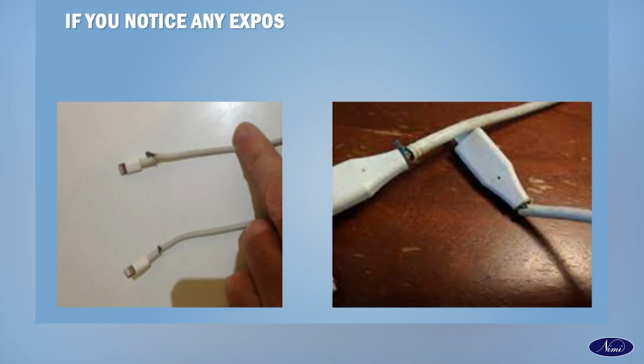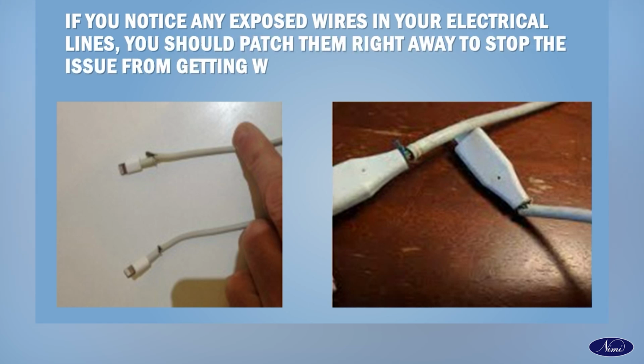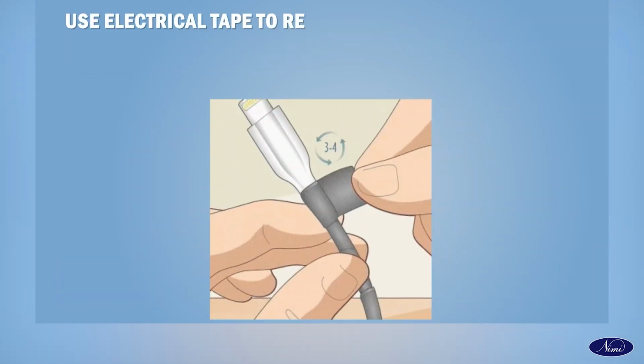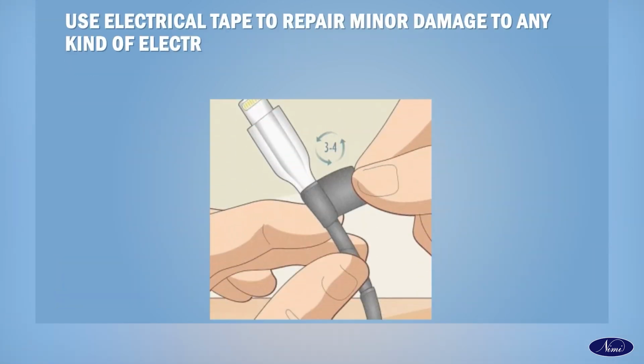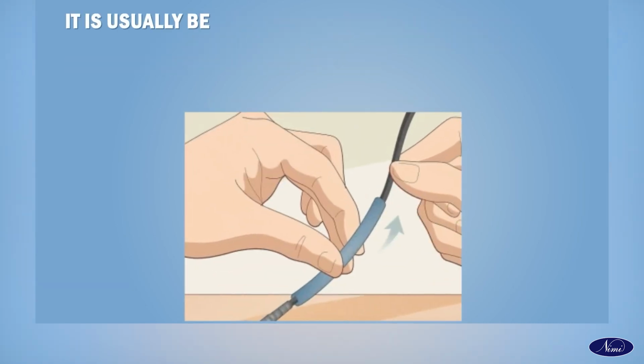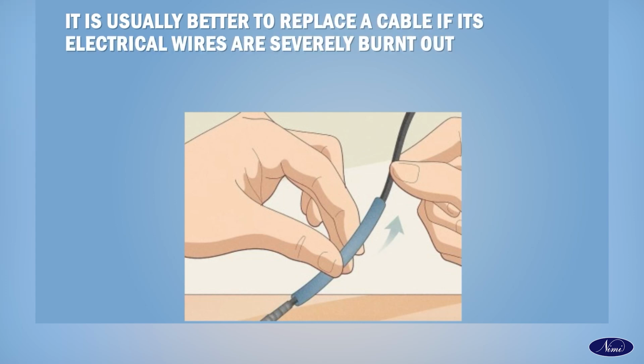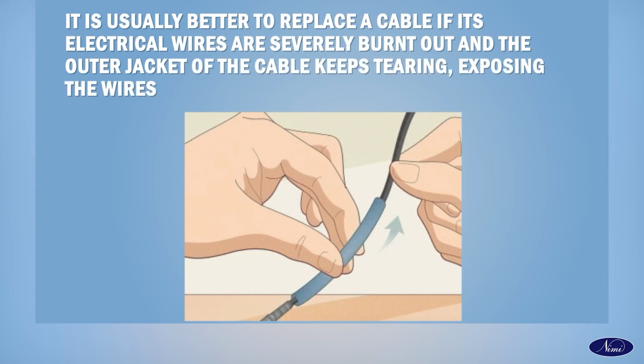If you notice any exposed wires in your electrical lines, you should patch them right away to stop the issue from getting worse. Use electrical tape to repair minor damage to any kind of electrical cable, and heat shrink tubing to repair more significant damage. It is usually better to replace a cable if its electrical wires are severely burnt out and the outer jacket of the cable keeps tearing, exposing the wires.